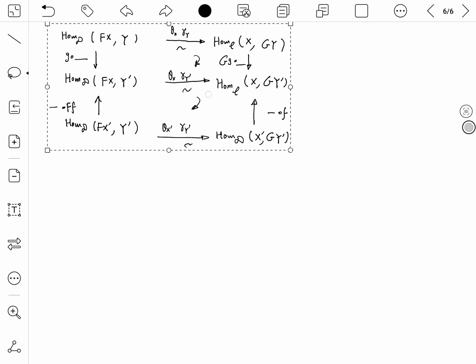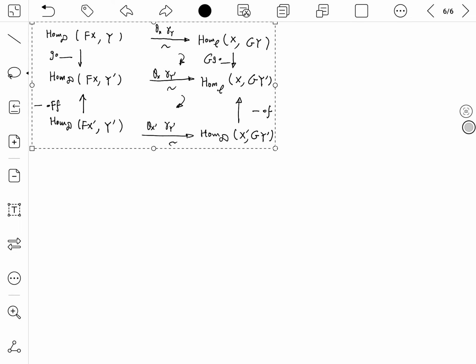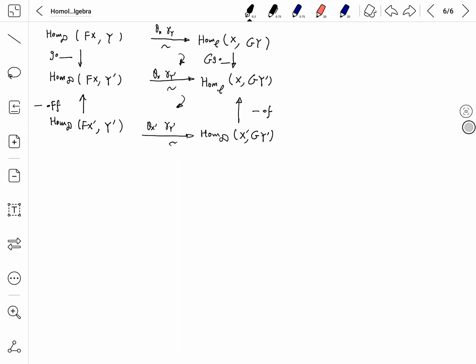This will help us to construct or find the epsilon and eta maps. Look at this isomorphism in the first row.